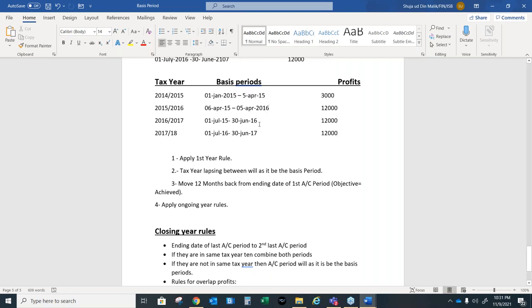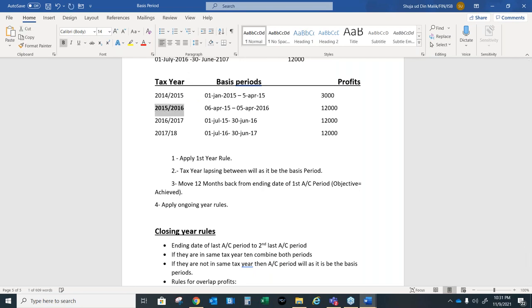But for the achievement of the objective, when you moved back 12 months from 30th June, you arrived at 1st July 15. So 1st July 15 was already taxed in tax year 15-16.